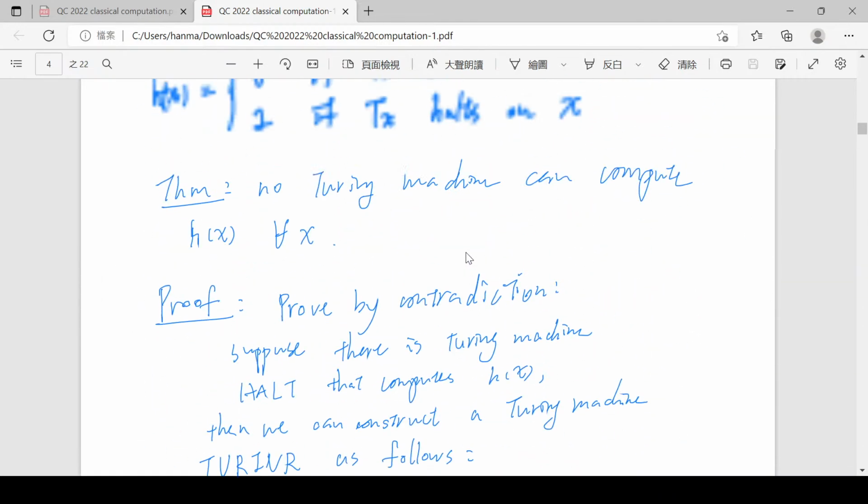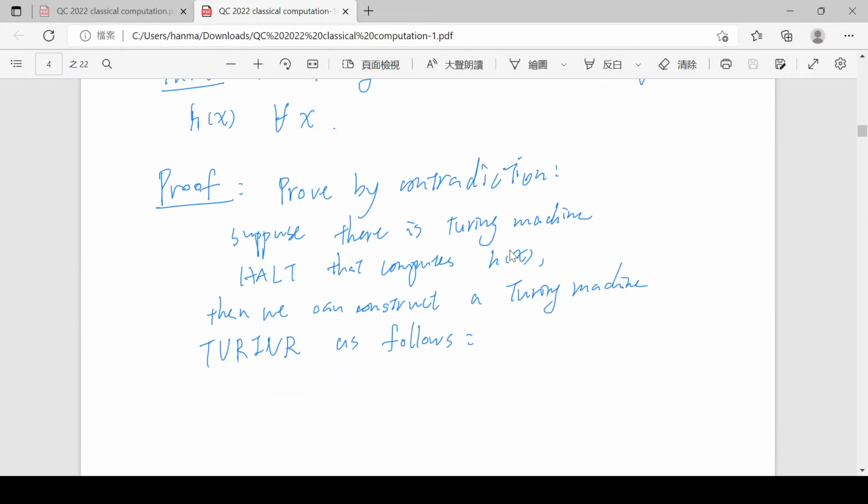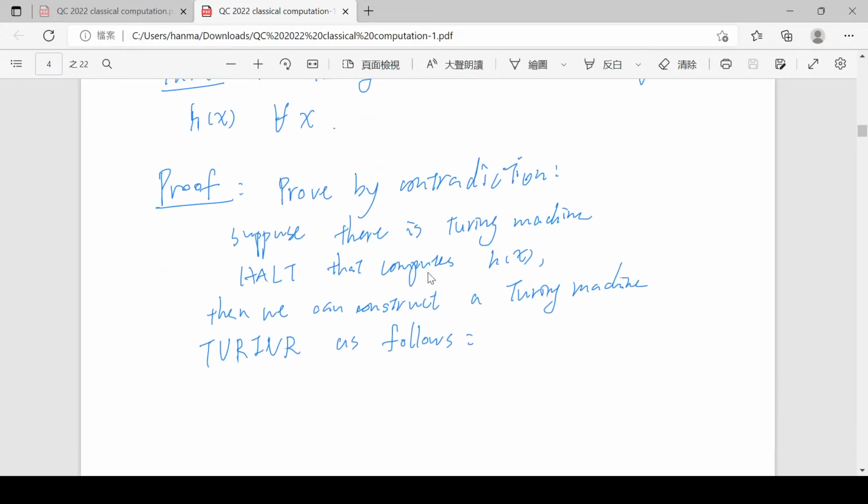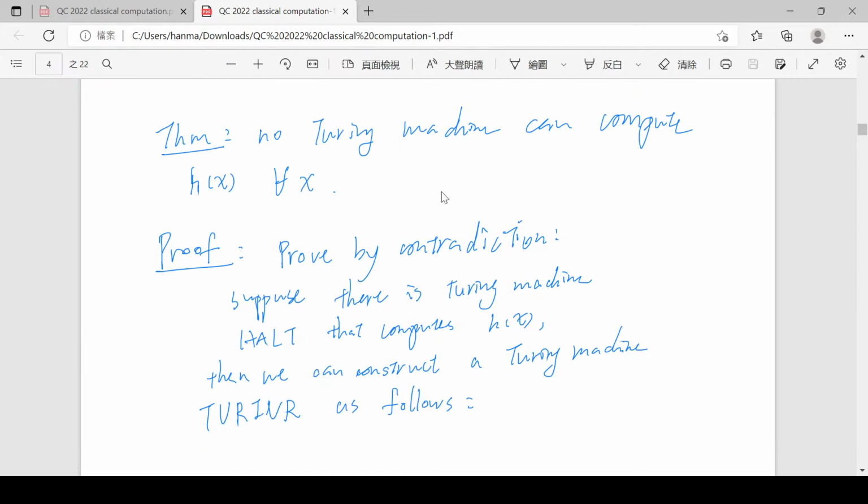And why is that? Because we can do it by contradiction. So we suppose there is a Turing machine halt that does this thing. Then the idea is we'll do a feedback loop to let halt run on itself, but we do an inversion, do some reverse.